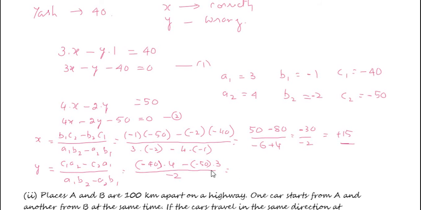So here it is plus 50 into 3, plus 150, divided by minus 2. So this is equal to minus 10 divided by minus 2 is equal to plus 5.